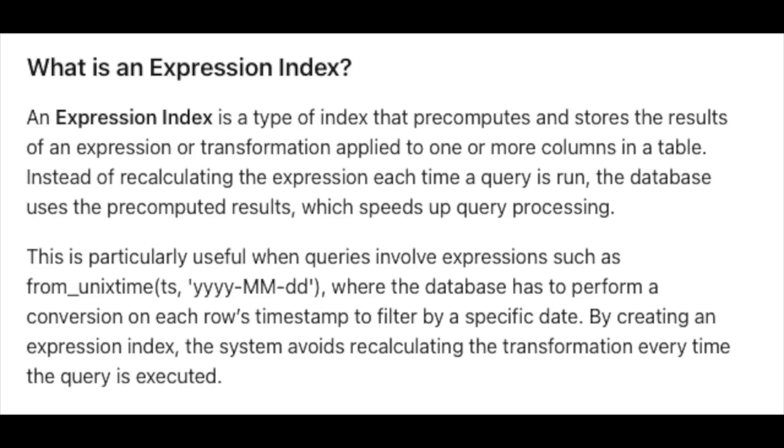This is particularly useful when queries involve expressions such as from_unixtime, which takes a timestamp that you want to cast to a year, month, and day, where the database has to perform the conversion on each row's timestamp to filter by a specific date. By creating an expression index, the system avoids recalculating the transformation every time the query is executed.